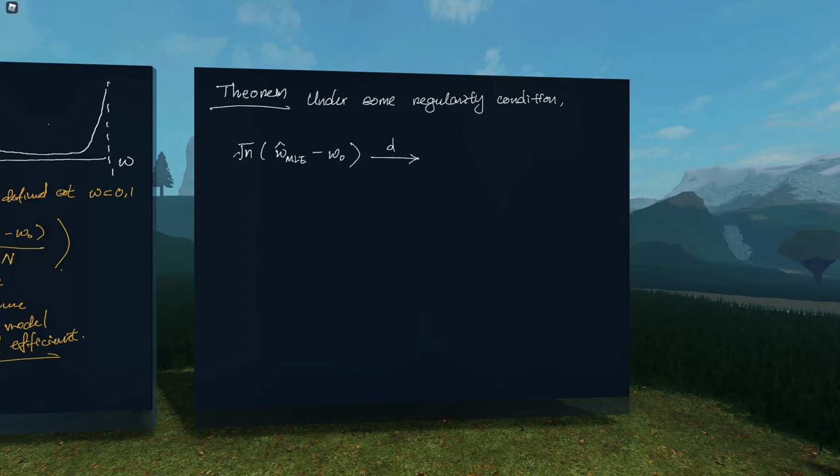this random variable converges in distribution to the normal distribution with mean 0 and the Fisher information matrix as the precision matrix, which means the inverse of the matrix is the covariance of the normal distribution. This is a multivariate normal.